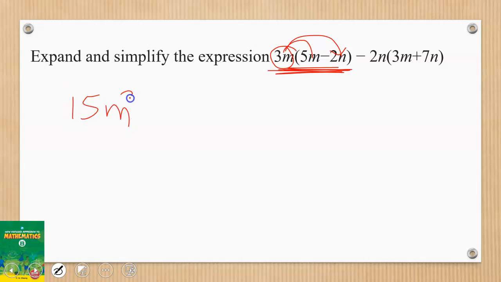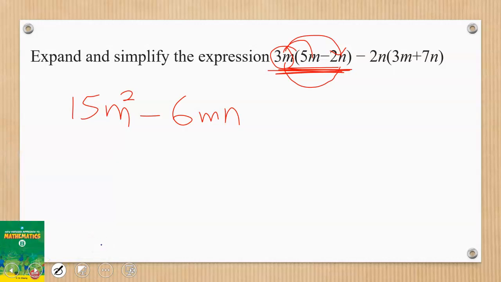Then m times m will give us m squared. Then I'll pick the same 3m to multiply negative 2n, and that will give us negative 6mn. I'm sure we did addition and subtraction of algebraic expressions in Basic 7, and even the multiplication of that. Now we are done with this part.